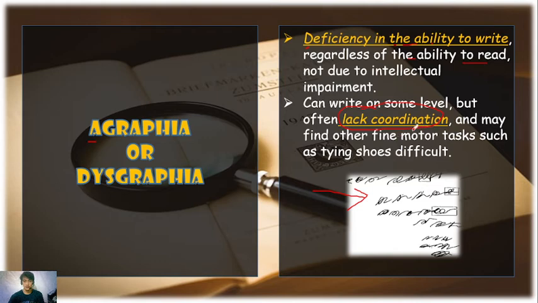Pero pwede siyang makapagsulat, pero since there is a lack of coordination, hindi niya maisulat ng maayos yung mga gusto niyang isulat. So with that is agraphia or dysgraphia. This is one illness that could affect handwriting.